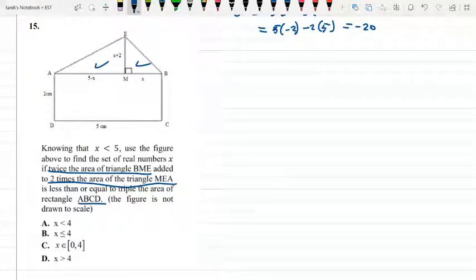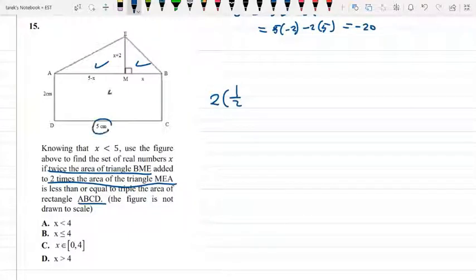So it's twice the area of the big triangle, which is half times base. The base here is 5, because this should be equal to this. If you add 5 minus x plus x, you will get 5 also. So it will be half times 5 times (x plus 2), which is the height.